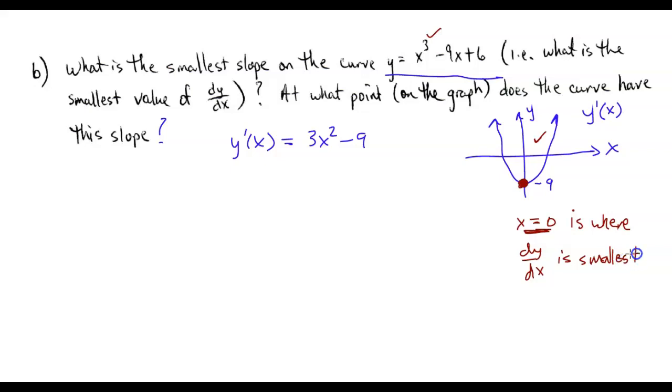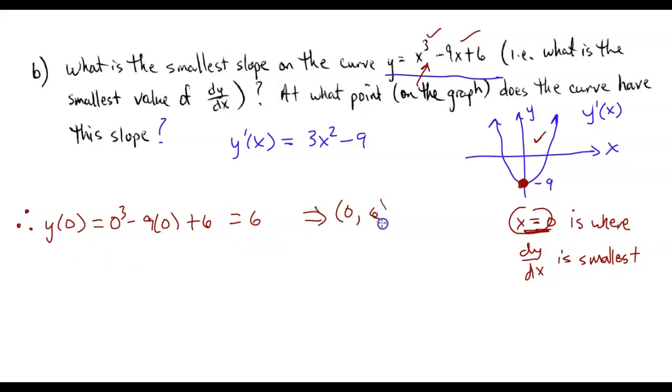Okay. Now, our question says, at what point on the graph, and that's the graph of the original function, does the curve have this slope? Okay. Well, we know it's at x equals 0. So if we just plug in 0 into this function, we figure out where that is. So therefore, y of 0 is just going to be 0 cubed minus 9 times 0 plus 6, which is just 6.